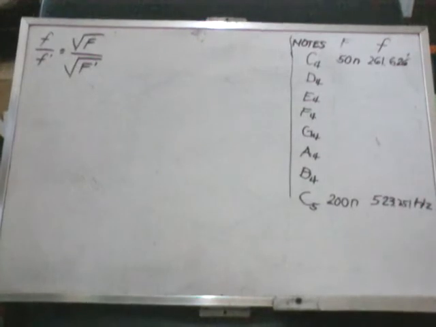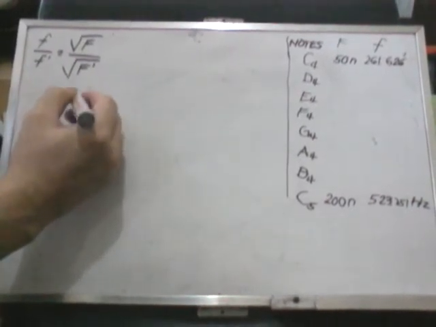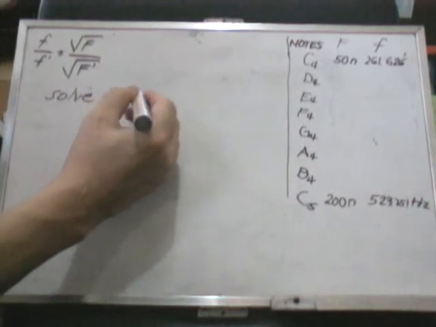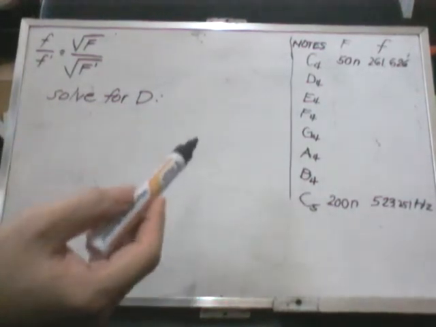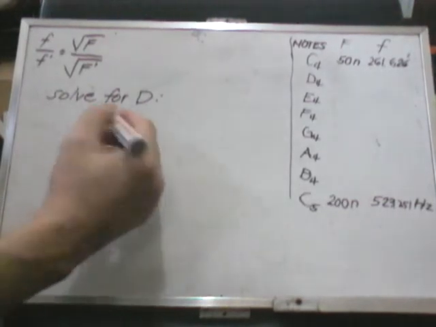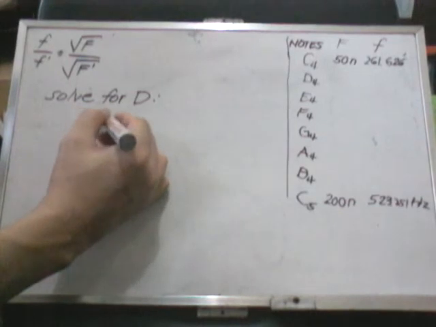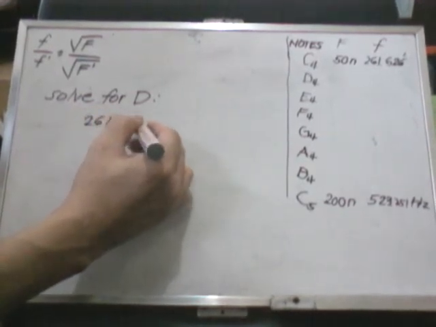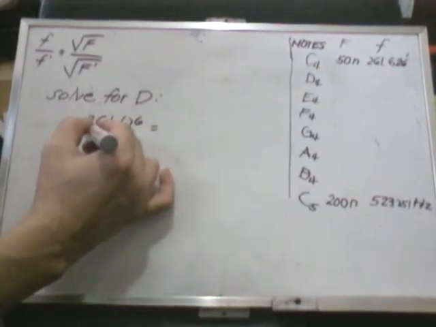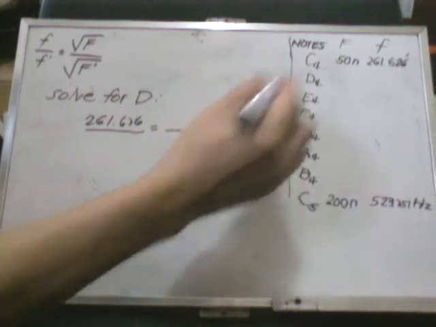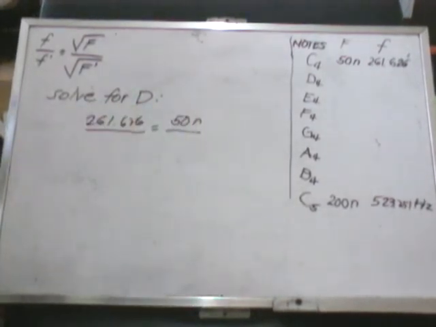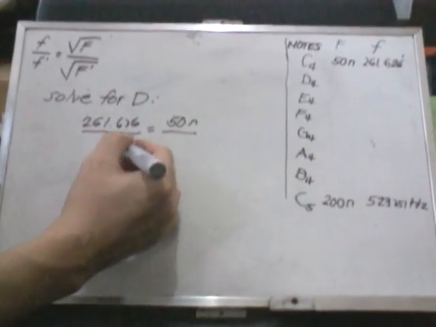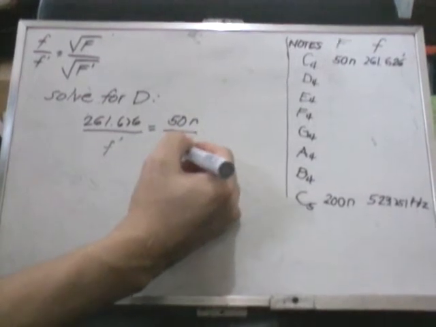Now, to demonstrate your situation, let's solve for D. If we look at the table, we have 261 as its frequency for C, and we have 50 newtons corresponding applied force, but then we don't have F prime and the other variable.